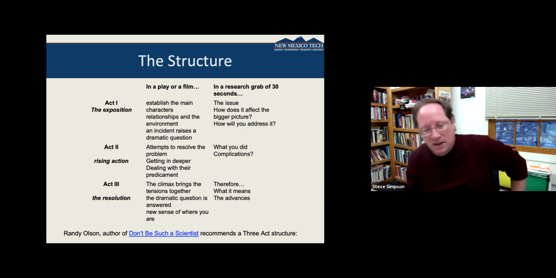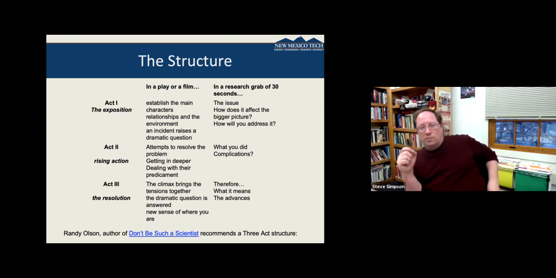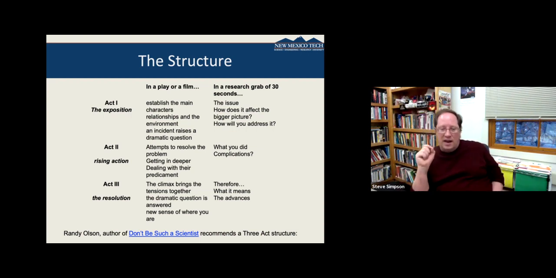So I think whenever you're planning your presentation, I had already talked about the first thing that you want to do is think about what your message is. What do you want people to know? The second thing I think you want to do is think about, okay, if that's what I'm trying to communicate and I only have 3 minutes, what do I really need to tell people in order for them to understand that?